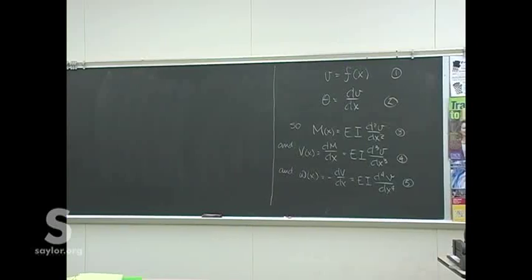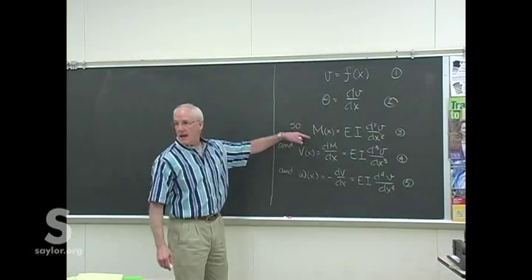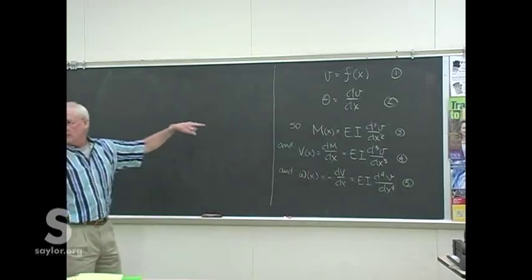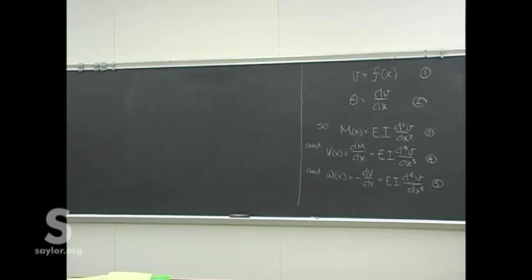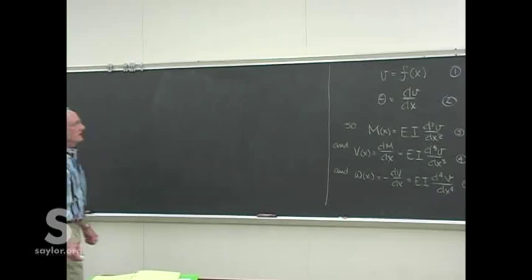Except for the mechanics of actually doing it, because you know that as we integrate back, we get constants of integration. Those constants of integration are solved for by using the boundary conditions on some of these loadings.